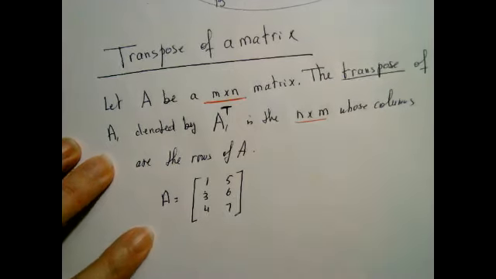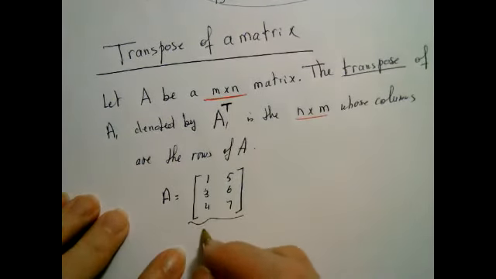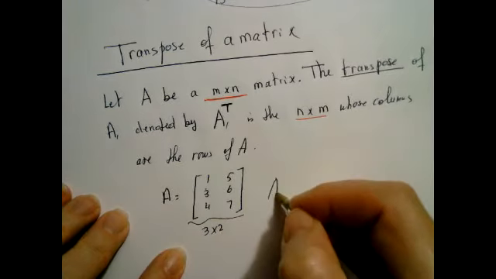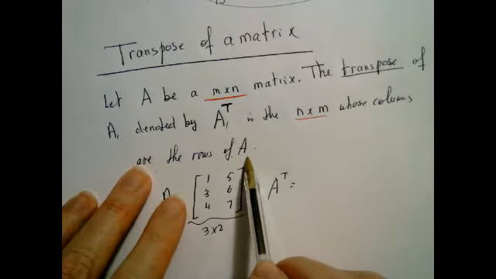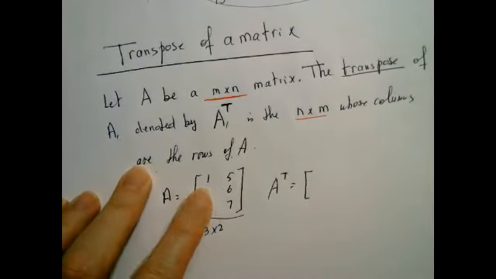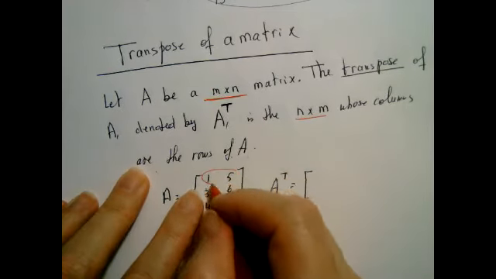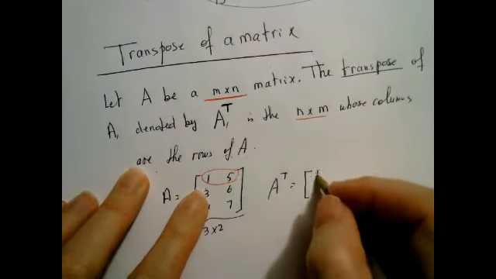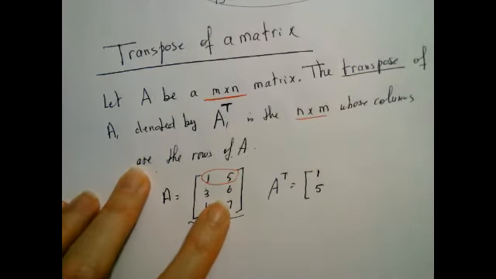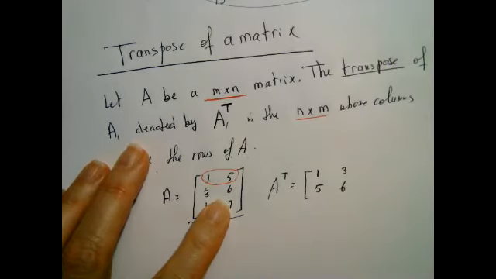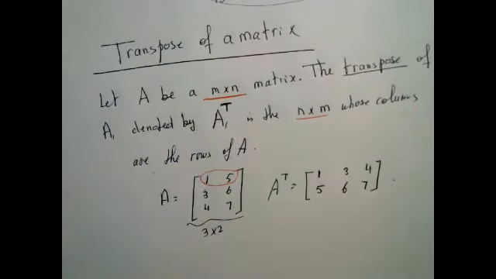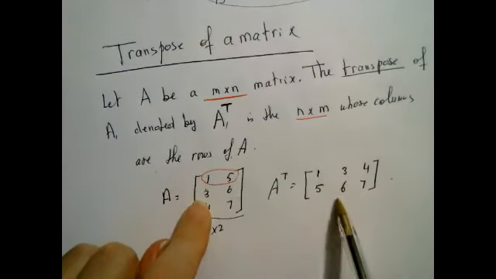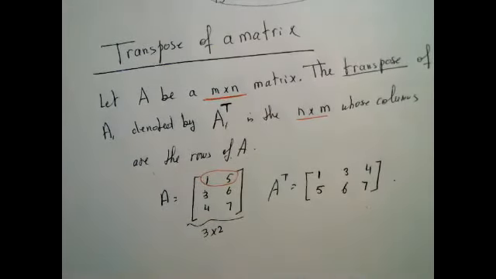That's my A, and that's a 3 by 2 matrix. The transpose is the matrix whose columns are the rows of A. The rows of A become the columns. So you take the rows and make them columns, row by row. So that's the A transpose.